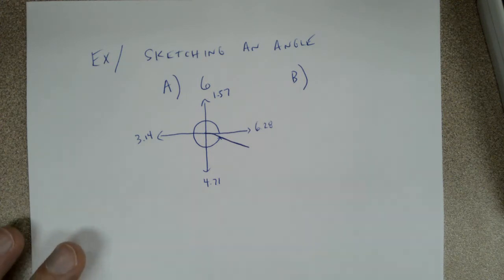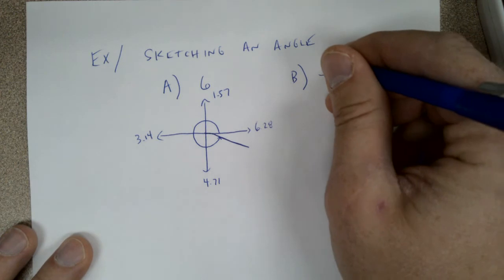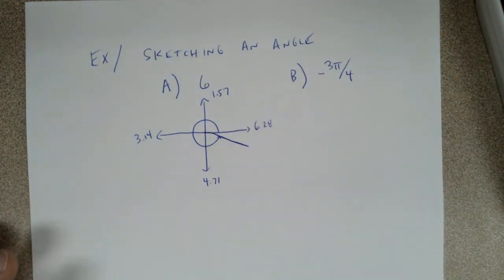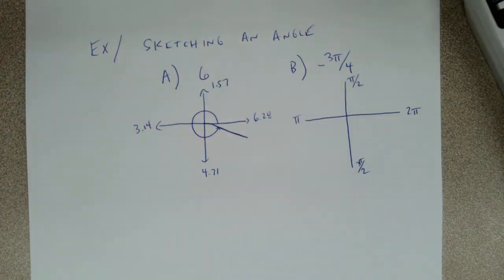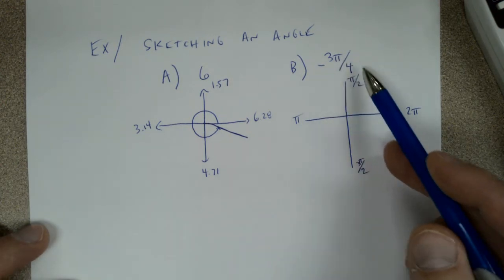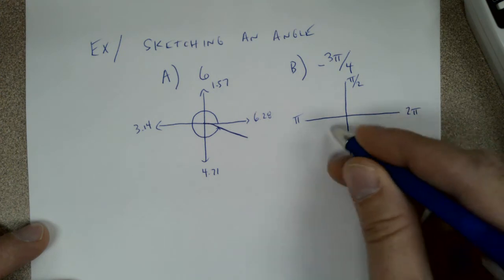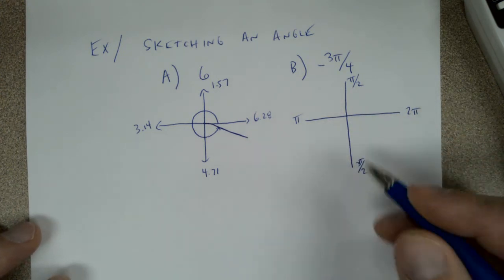How about you try sketching negative 3 pi fourths? So on this one, we know it's a negative 3 pi fourths. So again, standard position, we know we're going to go around clockwise.